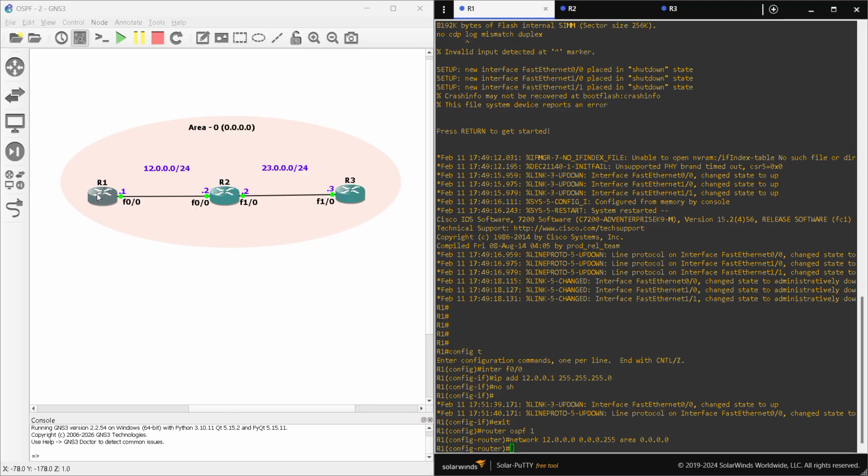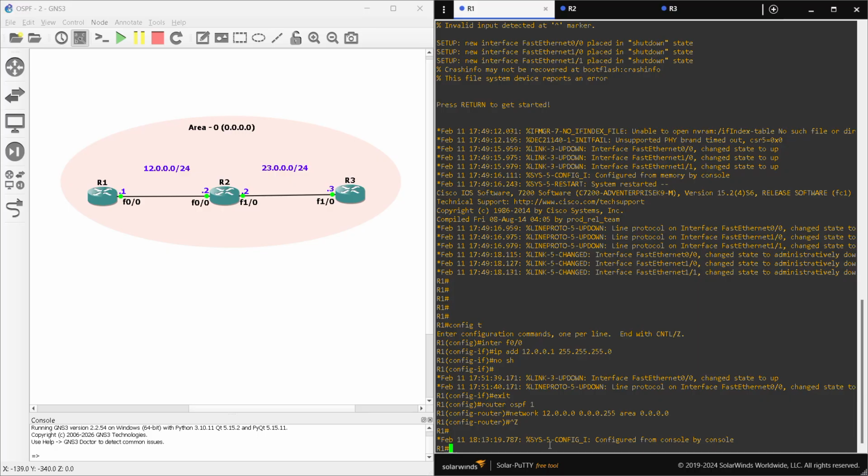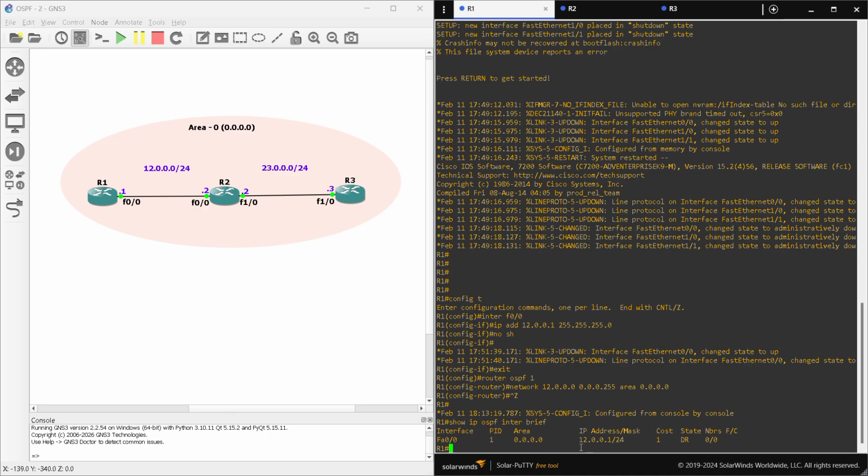Now let's check show ip ospf interface brief and see how many neighbors it is surrounded with. As you can see here, it says zero neighbors, as we have not configured any neighbor of its with OSPF.